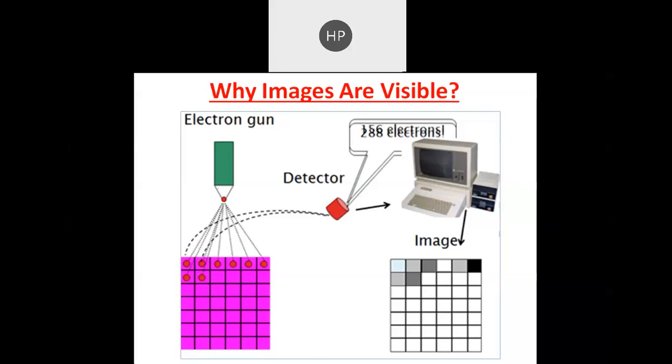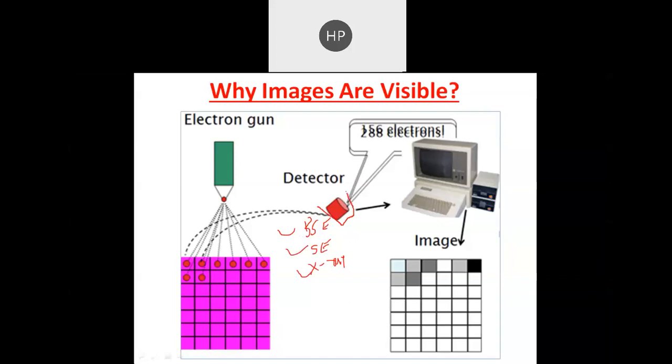In this diagram, from the electron gun we have various incident electrons. From the incident electrons, we get electrons in the form of backscattered electrons, secondary electrons, X-rays, and Auger electrons, and all of these are collected by the various detectors.